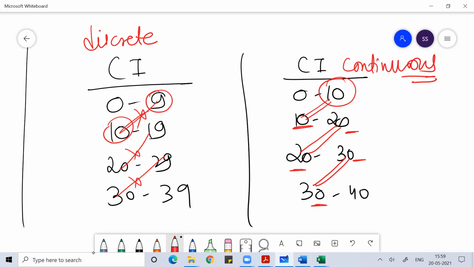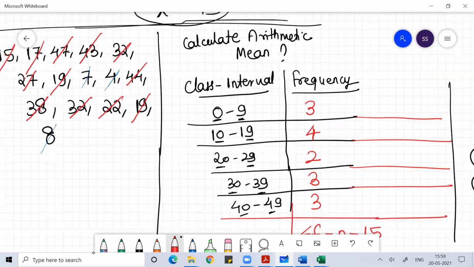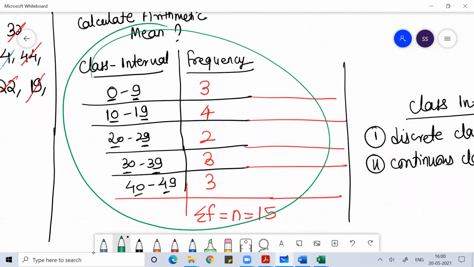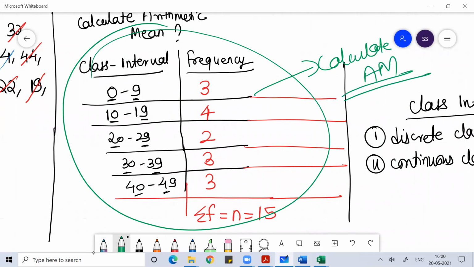Because the normal distribution curve follows a continuous distribution pattern, in the exam, if you get a question where you need to find the arithmetic mean of this kind of data, you need to make sure the class interval you see here is continuous in nature.